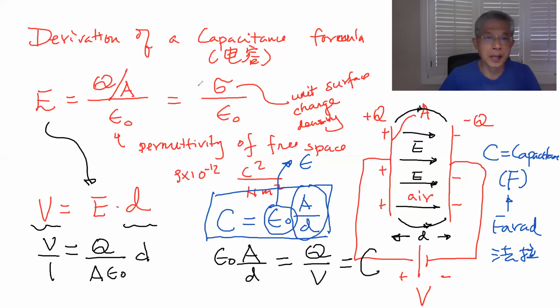The other thing that we get, we're going to erase this, is that Q is equal to CV.